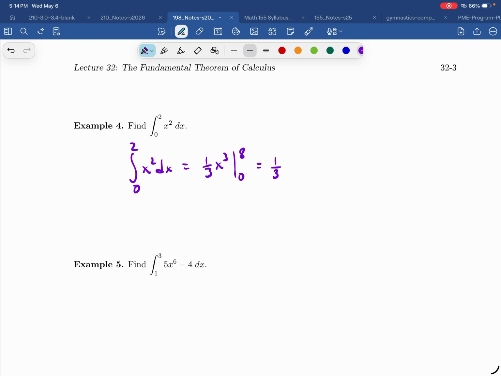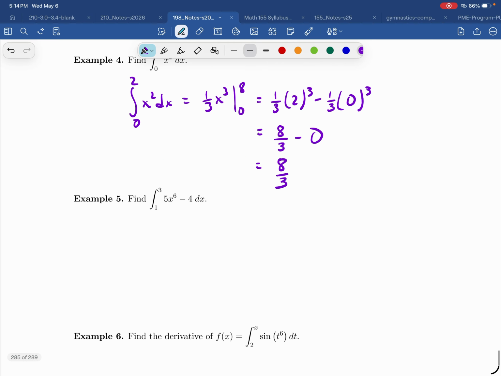So we get 1/3 2 cubed minus 1/3 0 cubed. And we wind up getting 8/3 minus 0. And we get 8/3. Okay? Let's look at one more example.